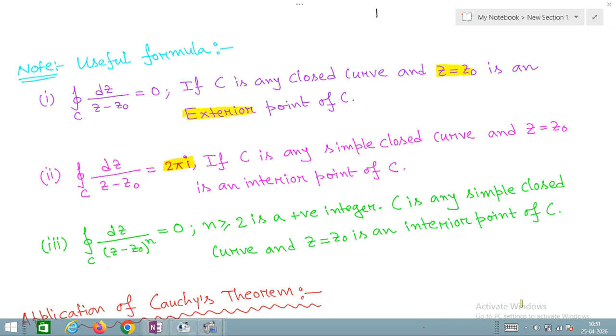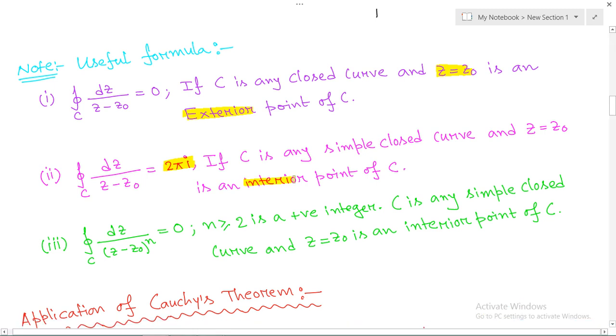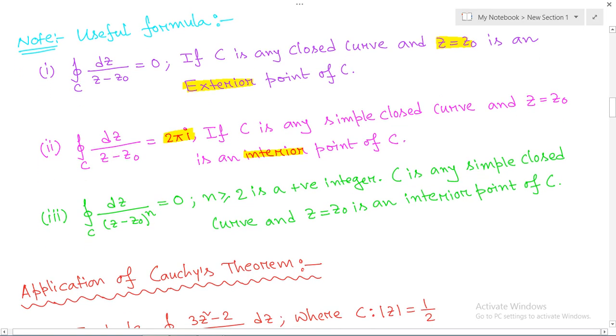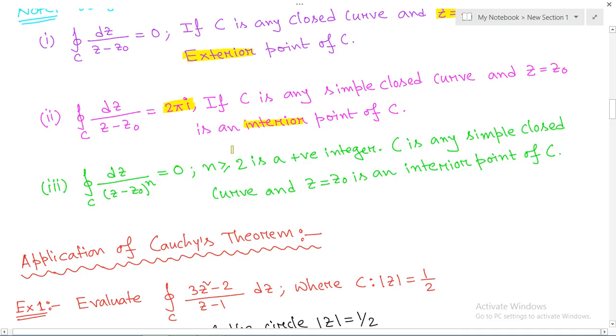Okay, this is the interior point. Now the third property is that the integration over the curve C of dz upon (z minus z0) whole to the power n is also going to be 0 whenever z equals z0 is also an interior point of the simple closed curve C. Basically, property number 2 and property number 3 we have already proved in the previous video lecture.